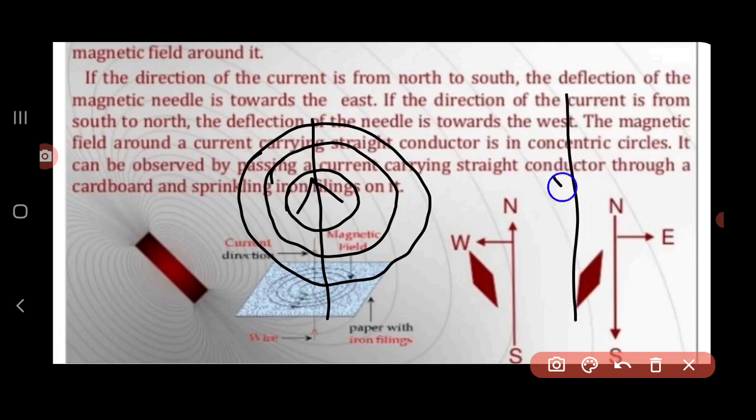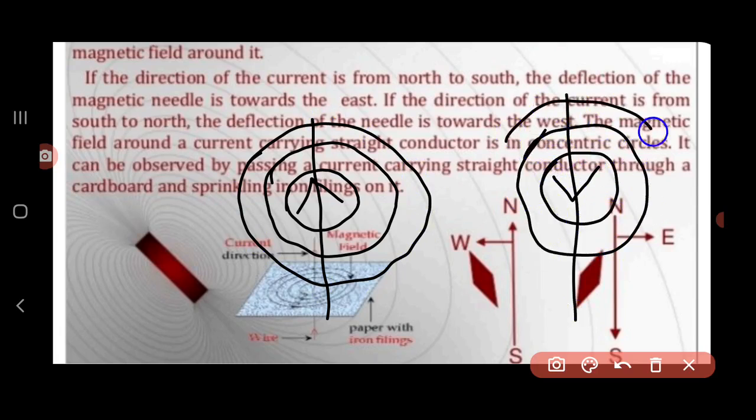So, the direction of magnetic lines of force must be anti-clockwise. It will be like this. And in the second case, current is in the downward direction. So, the direction of magnetic lines of force is clockwise. And by using this rule, we can easily find out the direction of the magnetic field in a current carrying straight wire.